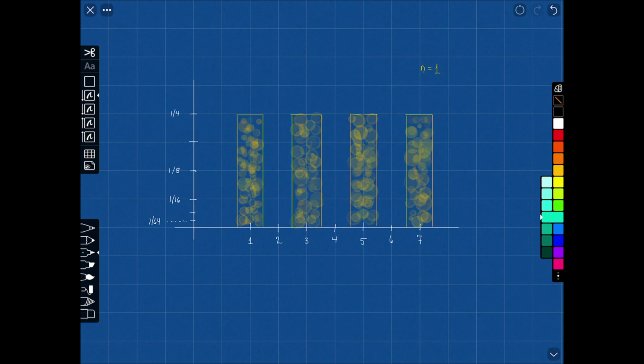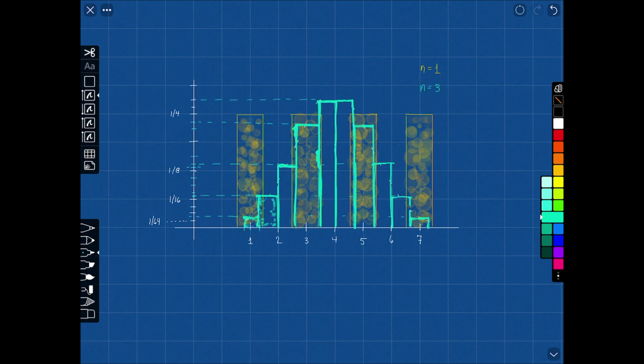I have the process of finding all possible samples of size 3 and taking all their means graphed for you. Here's the original uniform distribution, and then if you take all possible samples of size 3 and go through the process we just completed, you end up with this new histogram. And notice that the amount in the tails is very small, and then most of the material is in the middle.